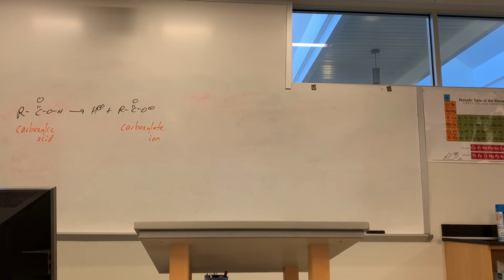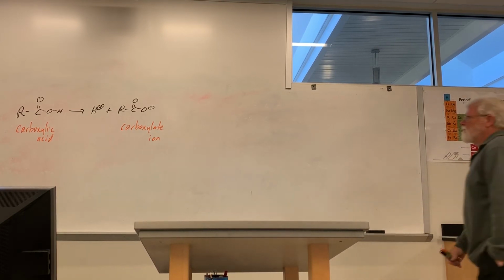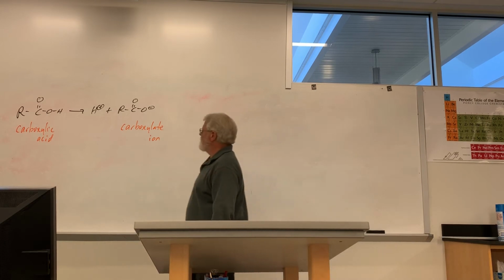I'm sure you talked about nitrate, sulfate, phosphate. All those guys are anions. So changing the ic acid to ate basically means you've got an anion. The way you get an anion is you donate a proton. So after having donated a proton, we've got the carboxylate anion.